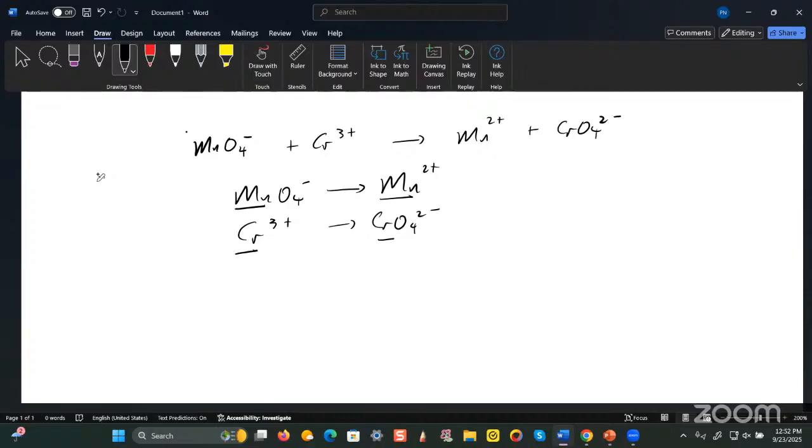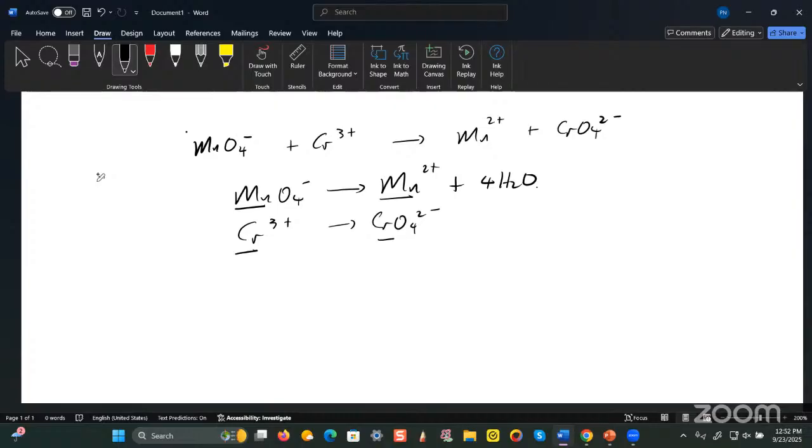You would add 4 water molecules to the Mn2 plus, on the right side. Yeah. Exactly. Very good, right? So you add 4 water molecules on the right side so that the 4 oxygens here would balance with the 4 oxygens on this side.